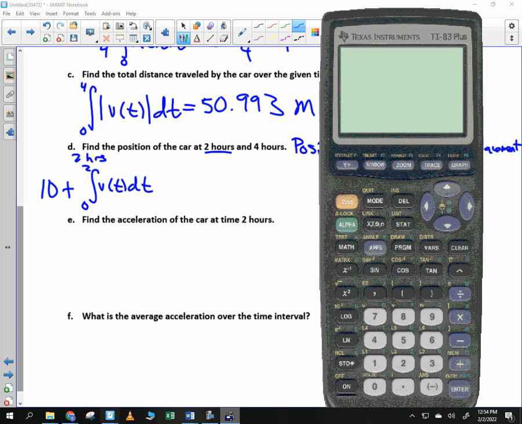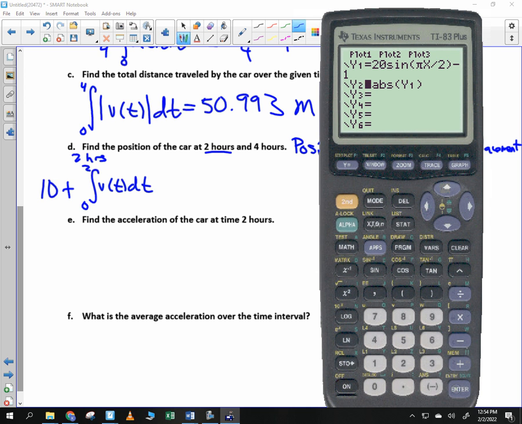So I go back to my calculator, I turn it on, and notice how this is my absolute value one. So I'm going to take that off, go up and press enter on that. That way I'm looking at my velocity function again. I'm going to calculate, and I'm going to choose which one. 7.